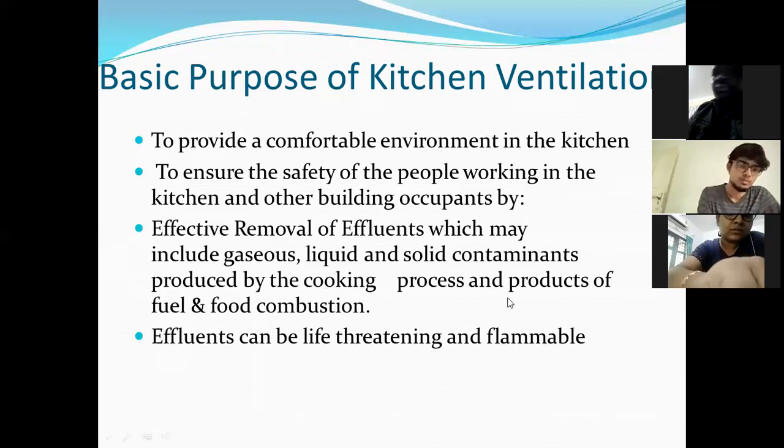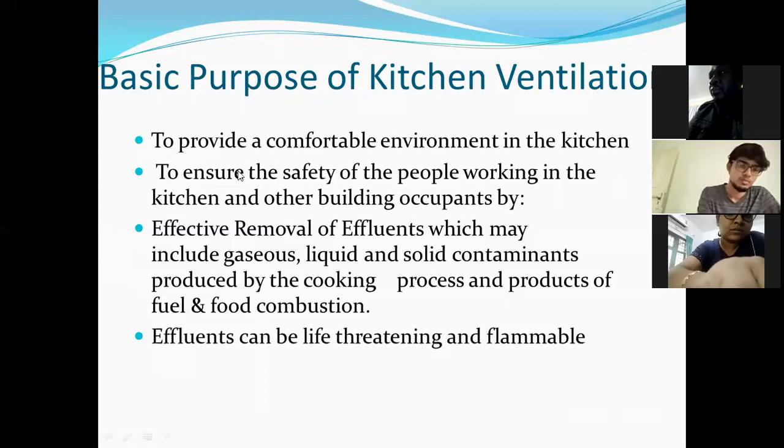So we need a comfortable environment for them. To provide that, we need this ventilation system. A proper exchange of air should happen inside the kitchen.